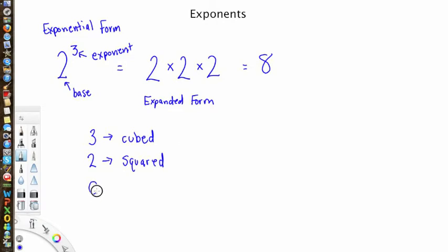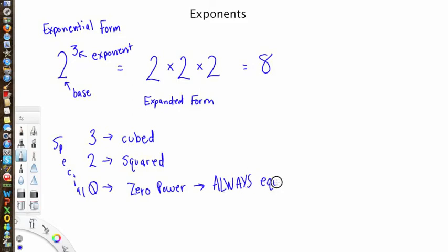But here is a very special exponent, 0. We're going to call this the 0 power. Anything to the 0 power is always, anyone want to guess?